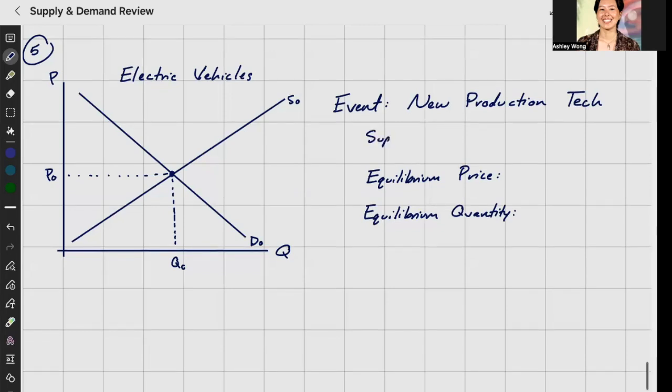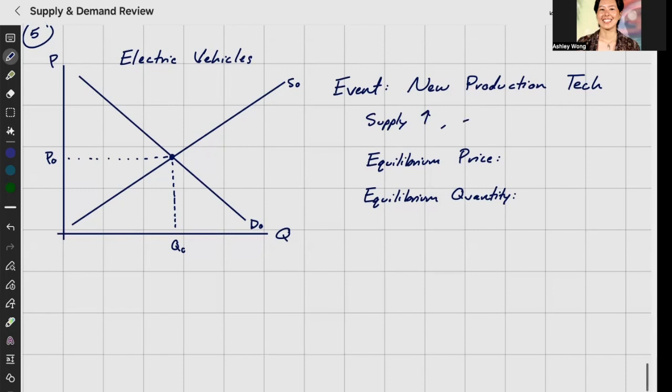So our supply will increase. And we'll show this as a shift right in the supply curve. And remember, this is because for both supply and demand, shifts to the right represent an increase, and shifts to the left represent a decrease. So here's our new supply curve.